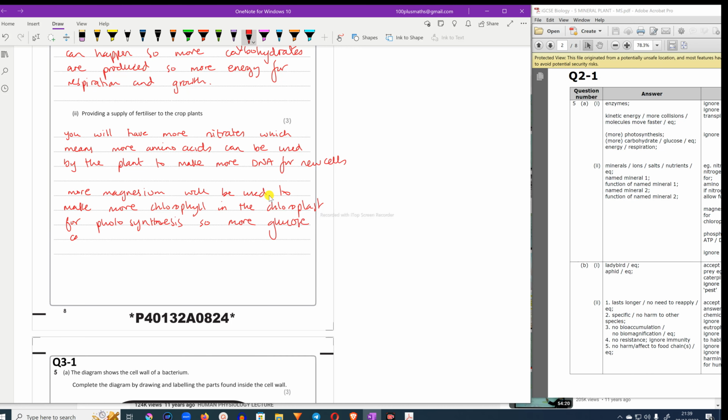Glucose can be made or produced for cell respiration and growth. Right, there you go. It's a 3 marker. That's more than enough.